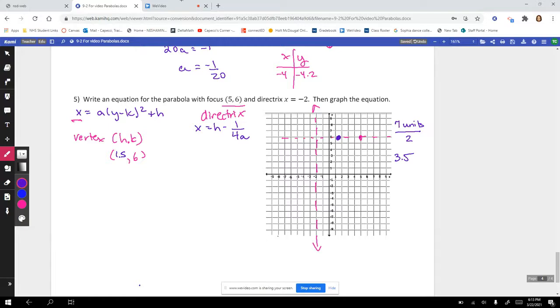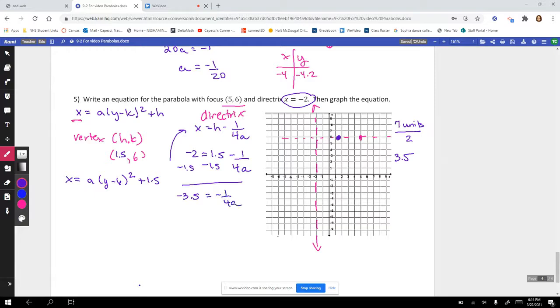All right. So my equation so far, similar to what we did in the last problem, is x is equal to a times (y minus 6) squared plus 1.5. Okay, so if I could just find that a, I'd be okay. So now I'm going to use that directrix equation. I know my x value is equal to negative 2, which is equal to my h value, 1.5, minus 1 over 4a. I'm going to bring that 1.5 to the other side, and I have negative 3.5 is equal to negative 1 over 4a.